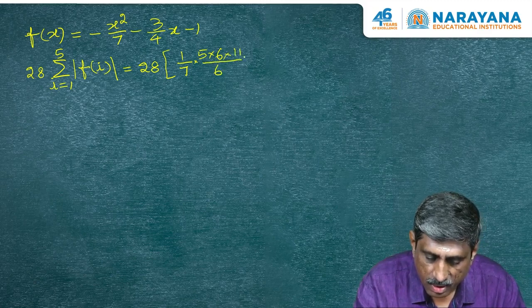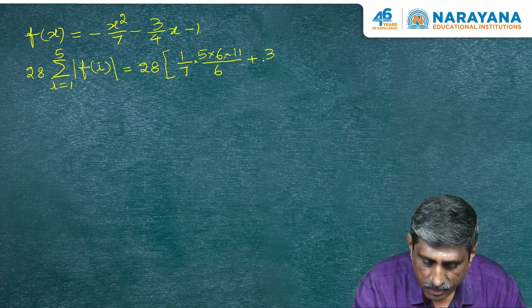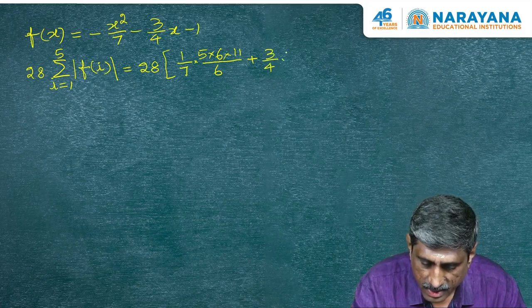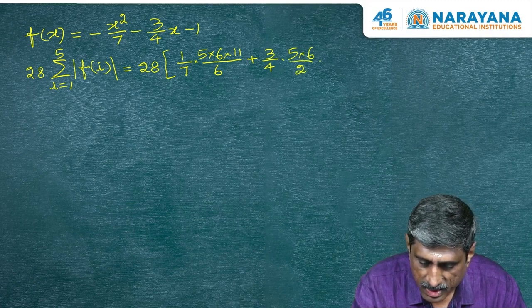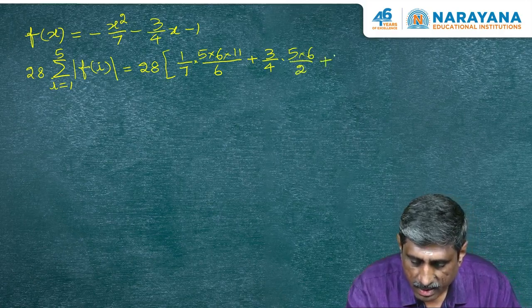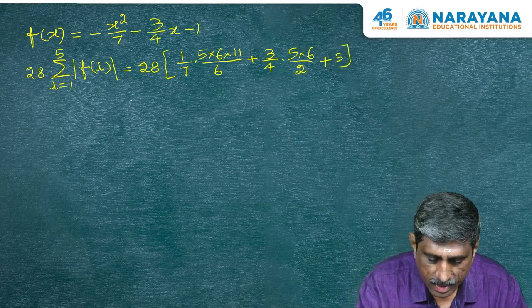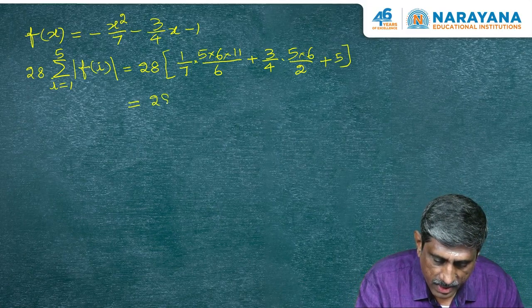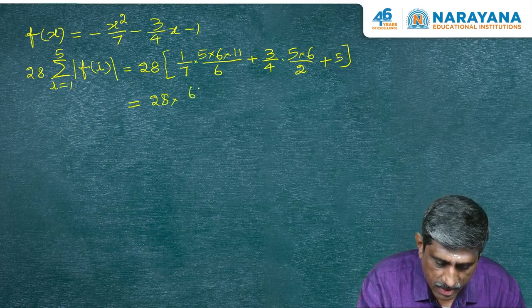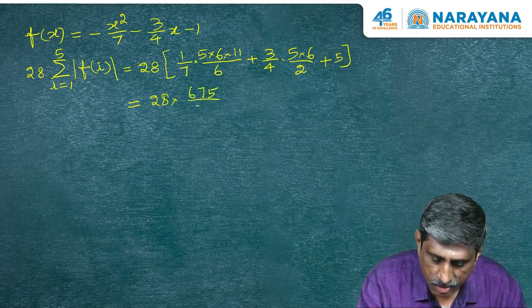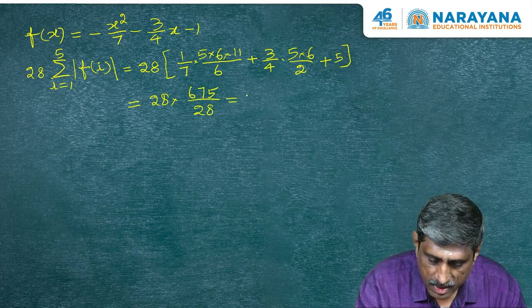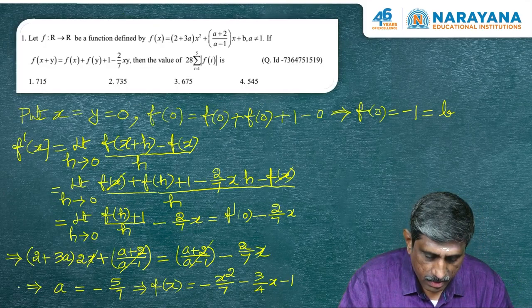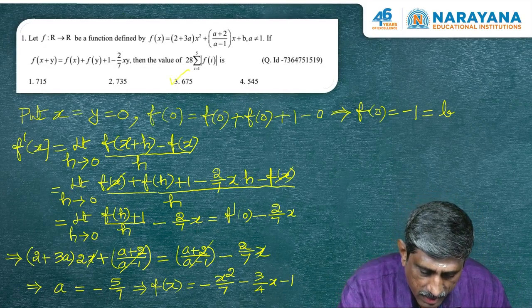Because it is modulus, I am writing it as plus 3 by 4 into sigma n, which is n into n plus 1 divided by 2, plus 1. Plus 1 when we add 5 times, it becomes plus 5. On simplification, we are getting the answer as 28 times 675 divided by 28, which is 675, and that is the correct answer, 675, option 3.